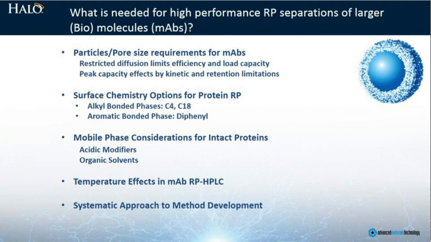And the nature of the acidic modifier is important, as is the organic strong solvent used for elution during gradient elution. Temperature plays a critical role in protein separations, and it is particularly noticeable on the recovery of monoclonal antibodies during reverse phase HPLC.